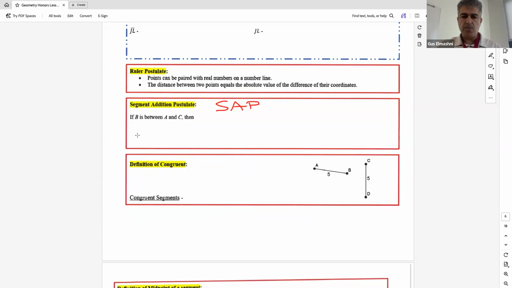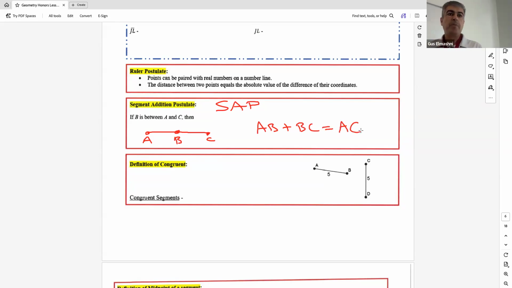If I drew points A, B, and C, wouldn't AB plus BC equal the length of AC? Obviously, right? This will play a role in some other stuff we'll do down the road.